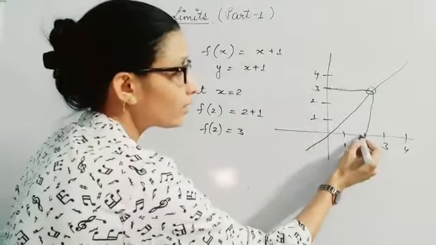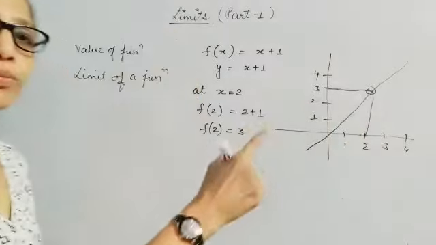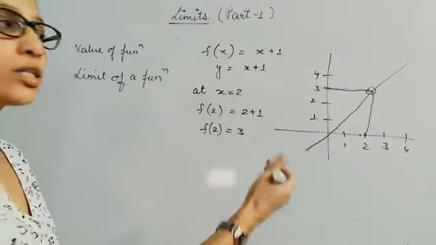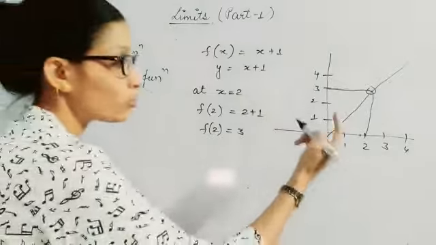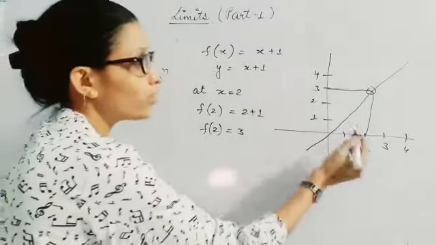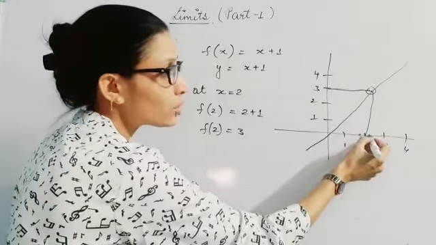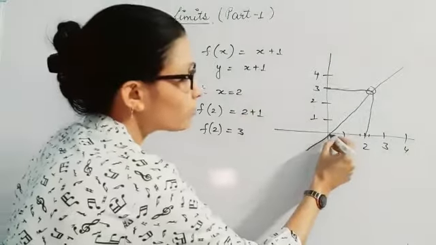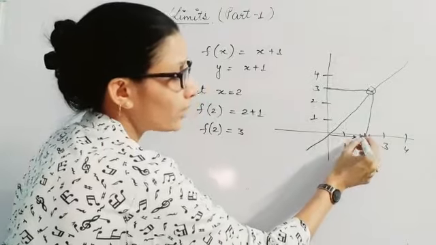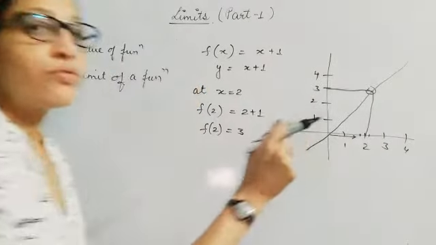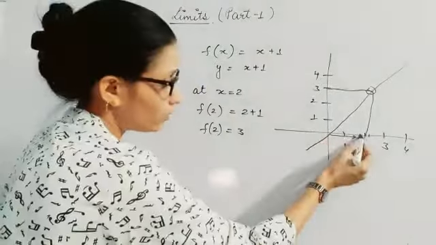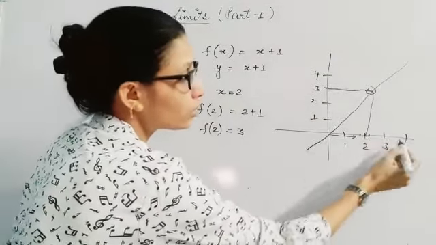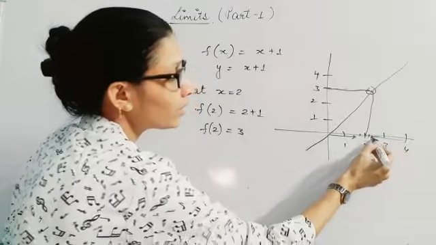So I can reach the nearest point on both sides, either by moving left to right or from right to left. So I have two ways to reach the points which are nearest to 2. To this point I can choose this way, and to this point I can choose this way also.